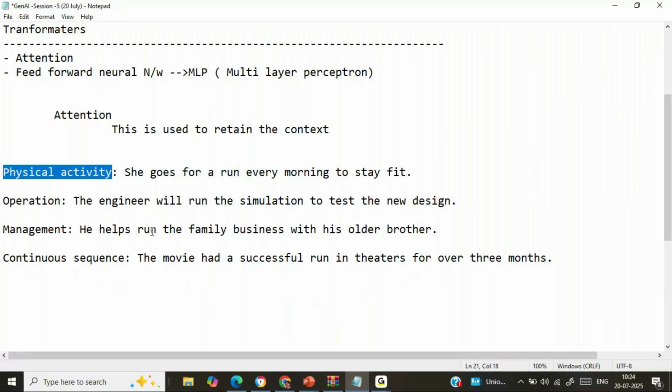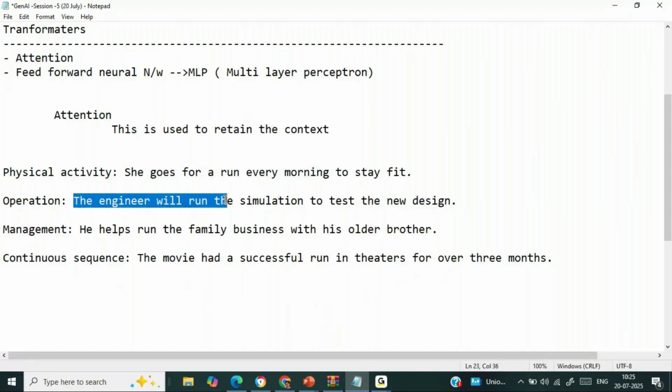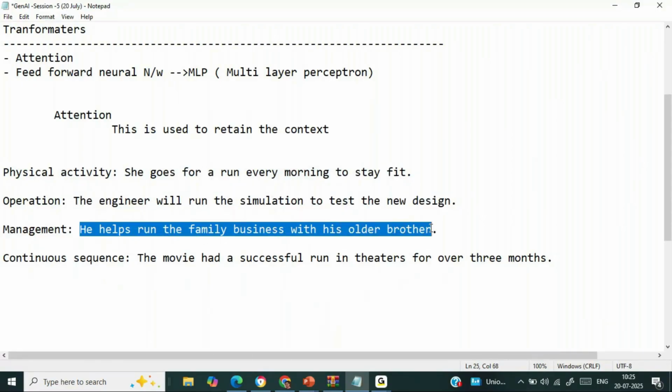He helps run the family business, so over here it is management related. Don't focus on this particular heading, but with the help of these sentences we are able to get that in each and every scenario this has a different meaning.